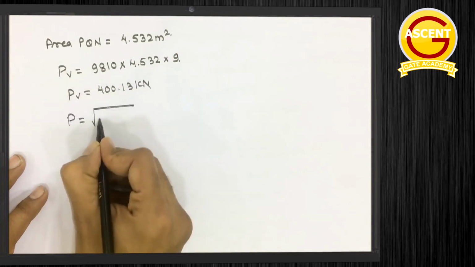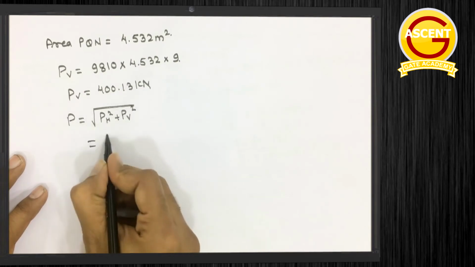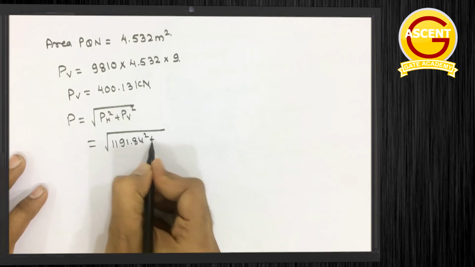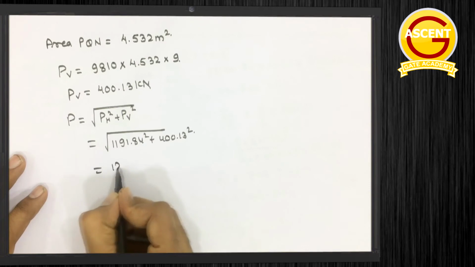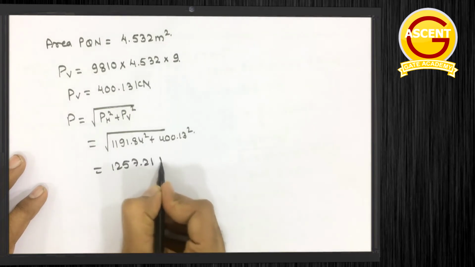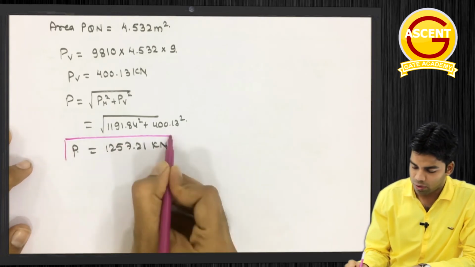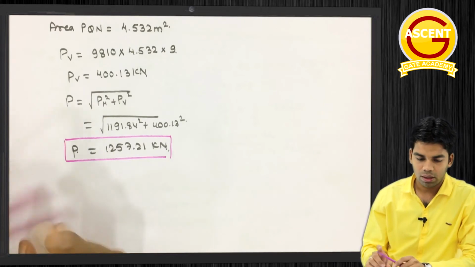From here we can determine P equal to the square root of PH square plus PV square, or the square root of 1191.84 square plus 400.13 square. This will be equal to 1257.21 kilonewton. So the net force acting on the curved surface is 1257.21 kilonewton.